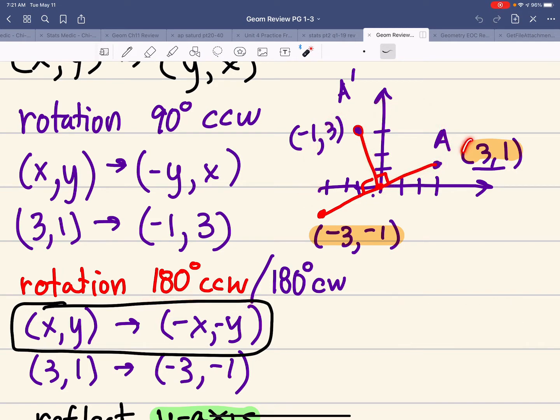So we notice that our coordinate 3, 1 would change to -3, -1, and now we can see this pattern. The coordinate doesn't change places, it merely changes the sign. So if it's positive, now the new coordinate is negative. It would also do the same thing if it was negative and we did this again, rotated it, it would switch from negative to positive.